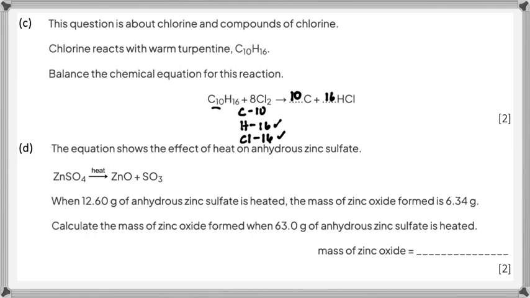Now for letter D, this is found in our textbook topic 6.1, calculation of mass of substances. In this question, the equation shows the effect of heat on anhydrous zinc sulfate.